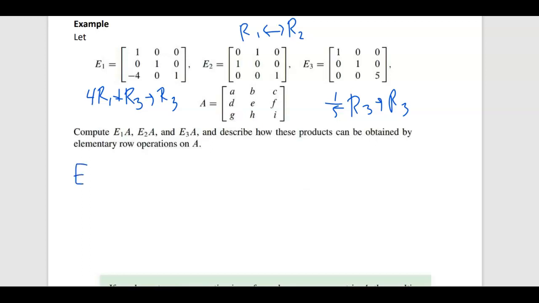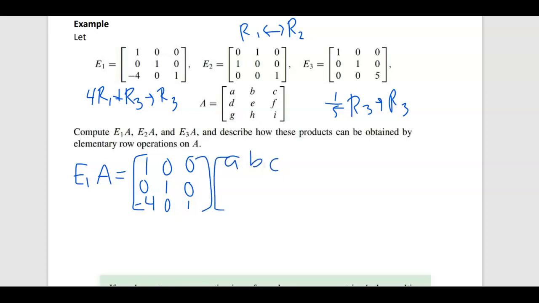So if I take E1 times A, on my first and second rows, I'm going to end up getting the exact same thing.